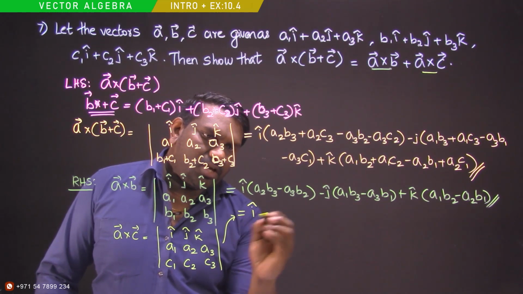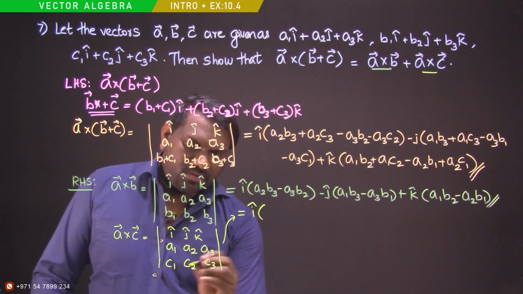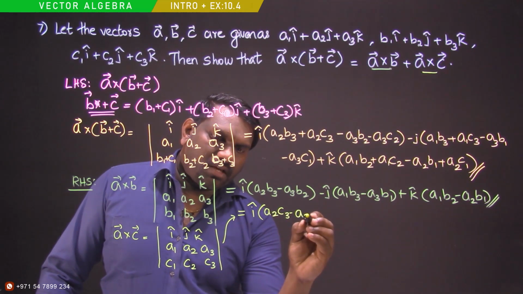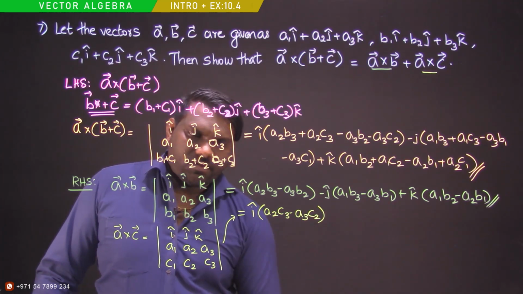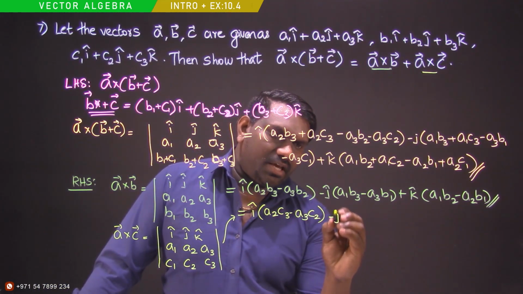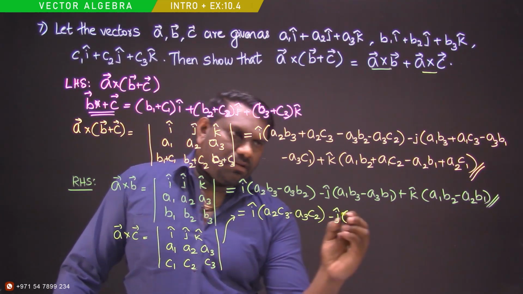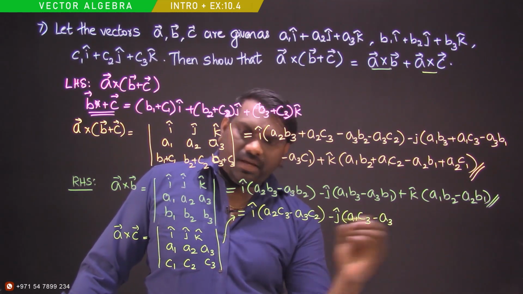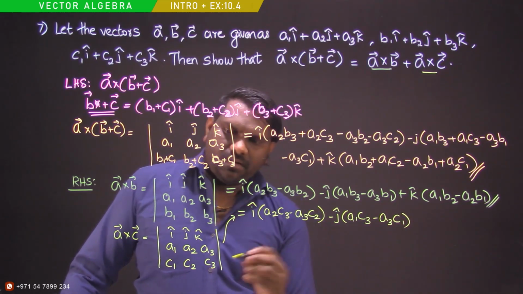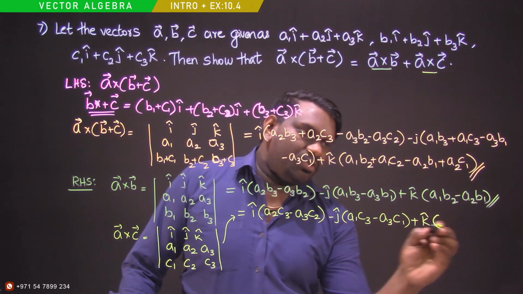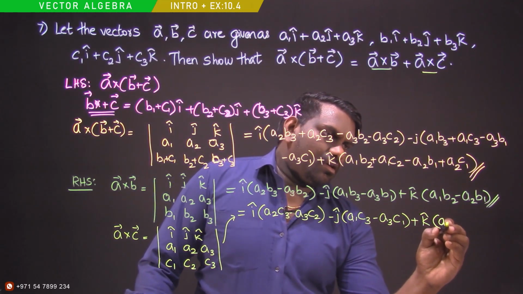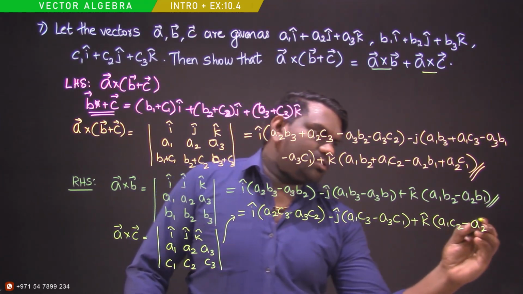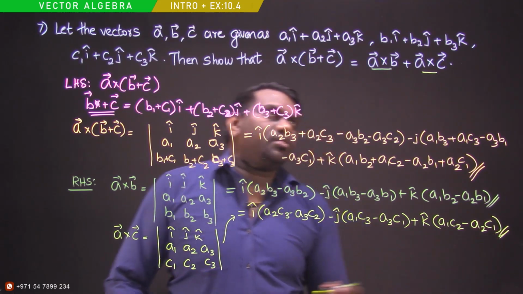So I cap into these two: A2 C3 minus A3 C2, minus J cap into A1 C3 minus A3 C1, plus K cap into A1 C2 minus A2 C1. Fine. So these two.